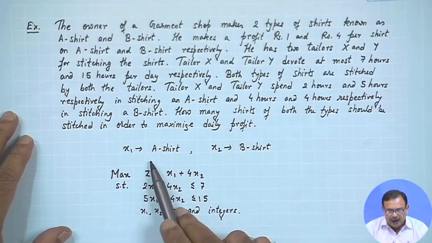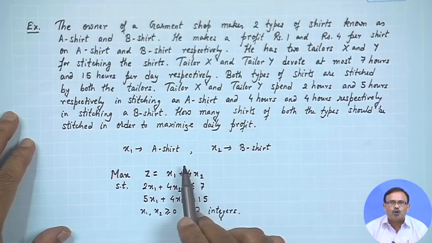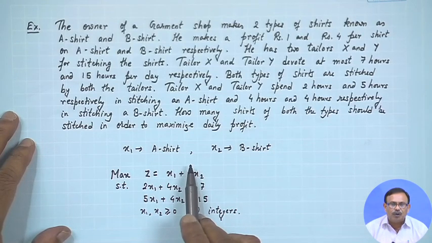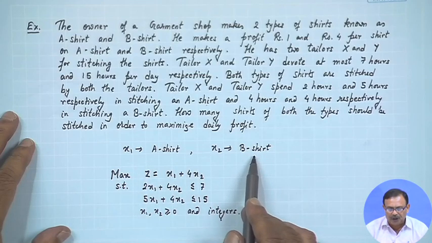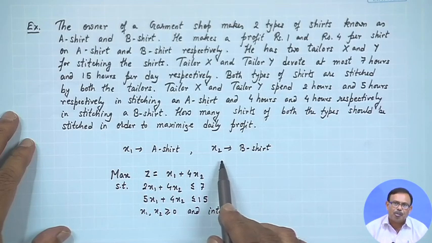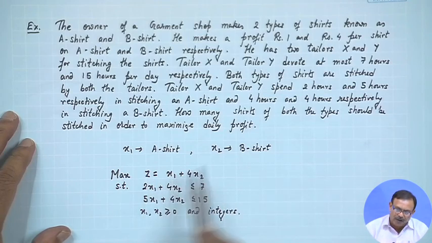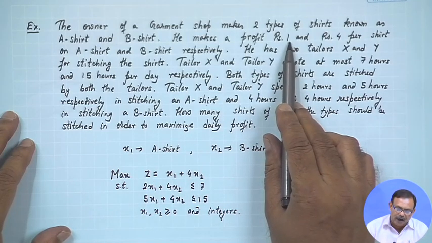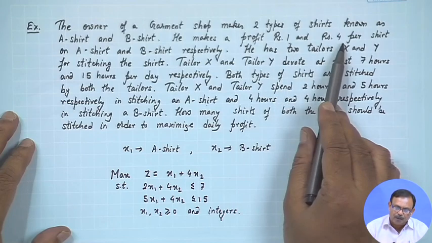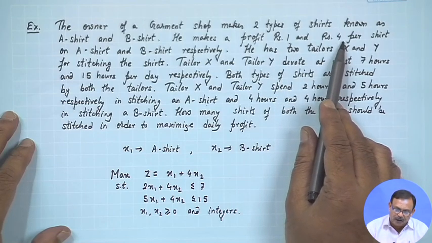So, here I am assuming the number of A shirts produced is x1, and the number of B shirts produced is x2. Since we are producing both sorts, I have to maximize the profit: profit per A type shirt is rupees 1 and per B type shirt is rupees 4.